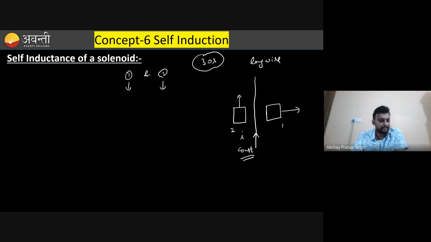Anyone? Outward for 1. The question is to find the direction of induced current.